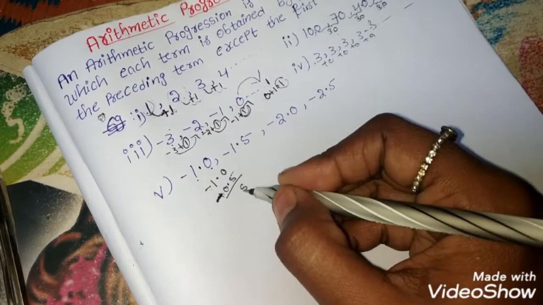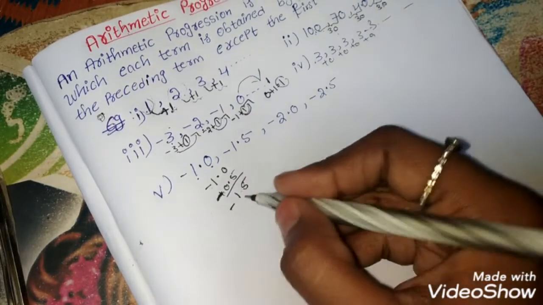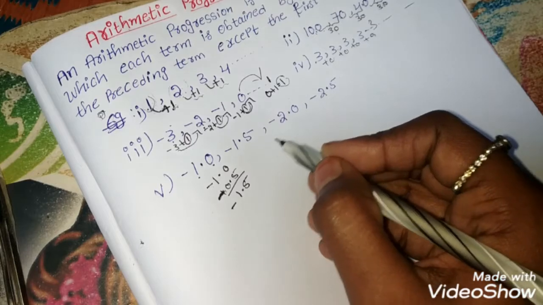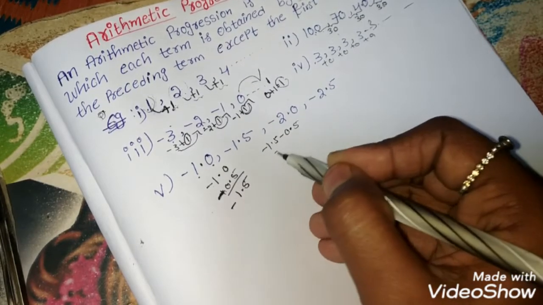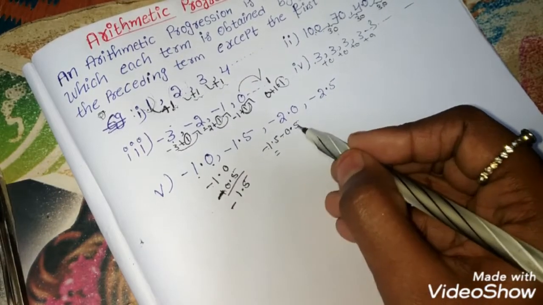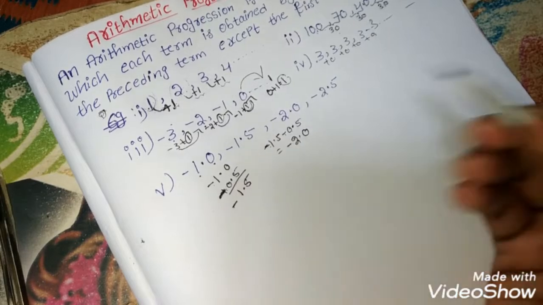That means we have to do plus. 1.0 plus 0.5, we get 1.5, and minus, so minus 1.5. Again, if we do minus 1.5 minus 0.5, what do we get? Minus into minus is plus, 1.5 plus 0.5, we get 2.0.